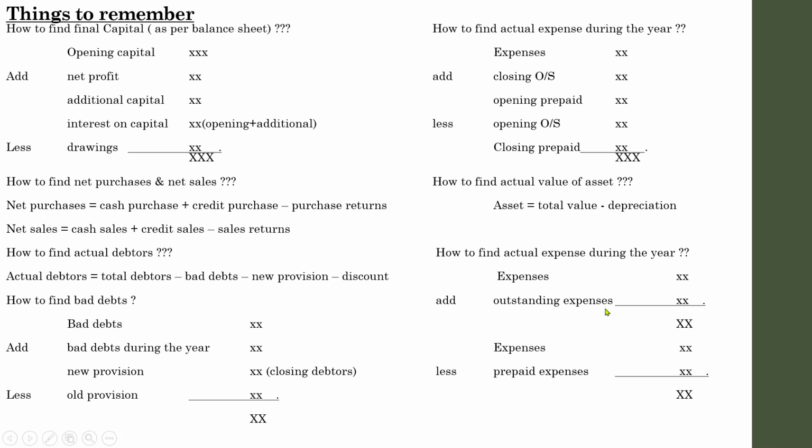Whenever there is an outstanding expense, it has to be added to the concerned main expense. Whenever there is a prepaid expense, you will have to deduct it from the actual expense. Actual expense means the main expense given in the question. That is the concept. So I hope you understand the difference between these two cases, even though the question remains the same.